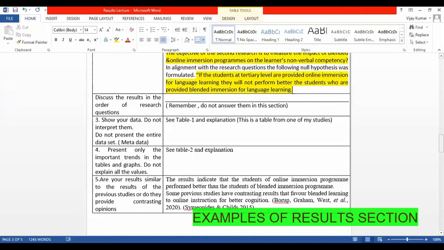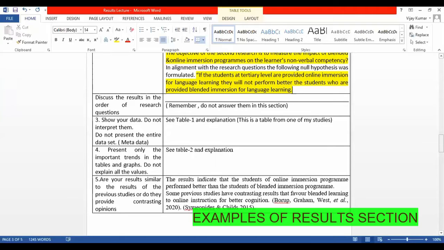And another important thing you need to remember is do not present the entire data set. I mean the raw data, how you arrived at the scores, all those kind of test values. So that will only confuse the readers. If you feel that it is important information and it's also comprehensive information, then you can present it in the appendix.